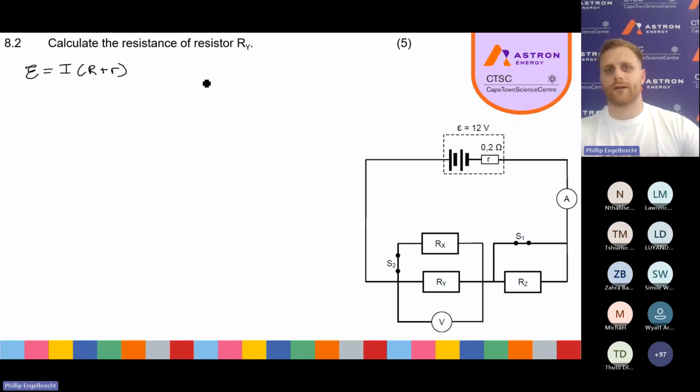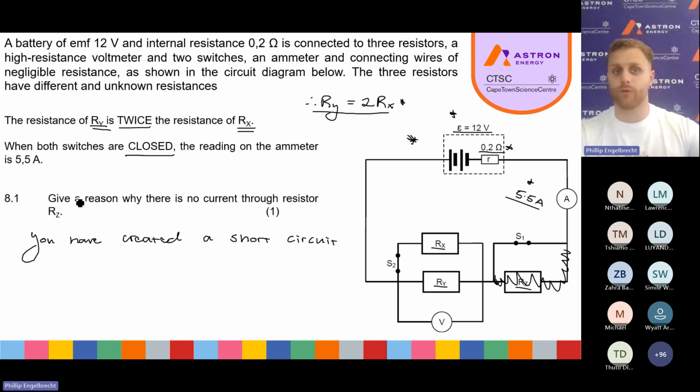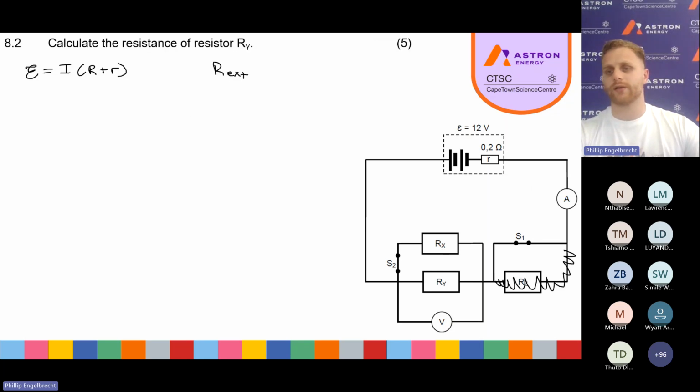Big R is essentially your external resistance. Remember, I only have two resistors in parallel. I'm going to ignore resistor Z, because they have told me there is no current going through it, as in 8.1. So I can ignore it.